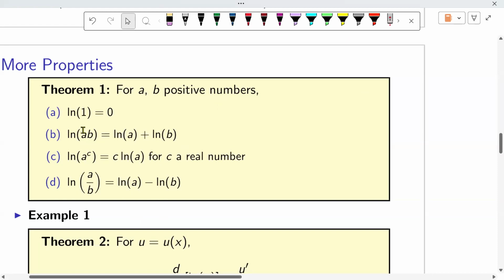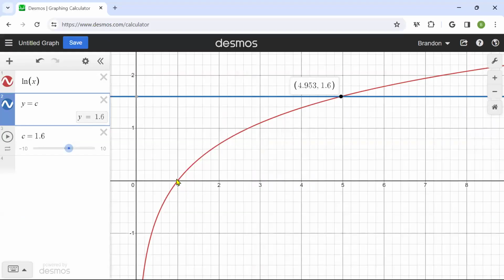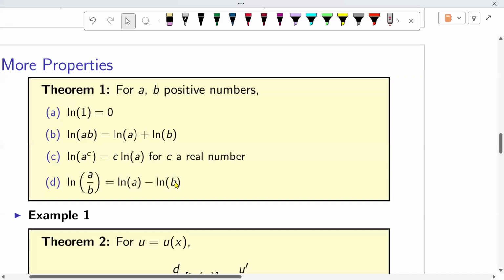One of the most interesting properties of natural logarithm is that the natural logarithm of 1 is always 0. We could see that from our plot easily enough. Plug in x coordinate of 1, y coordinate of 0. Input's 1, output is 0. So that makes sense. But this next property is really surprising.